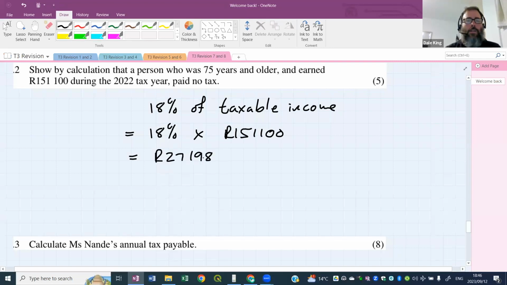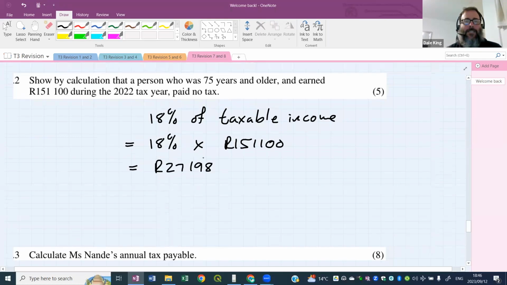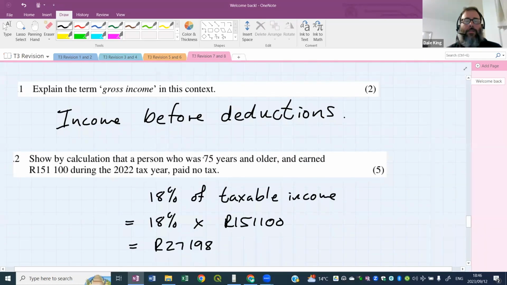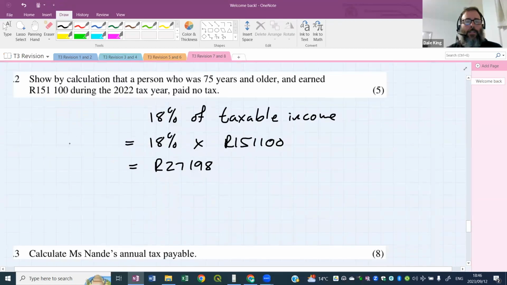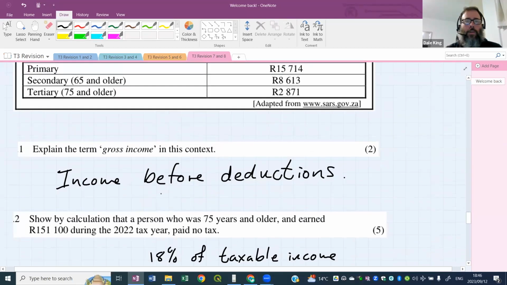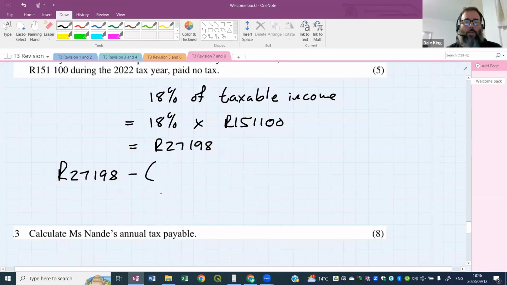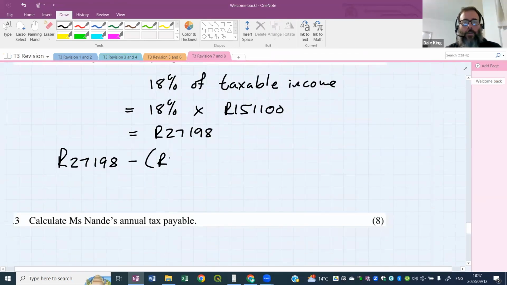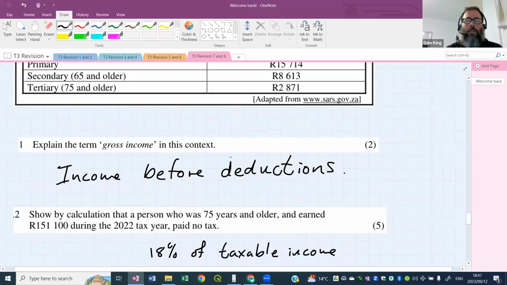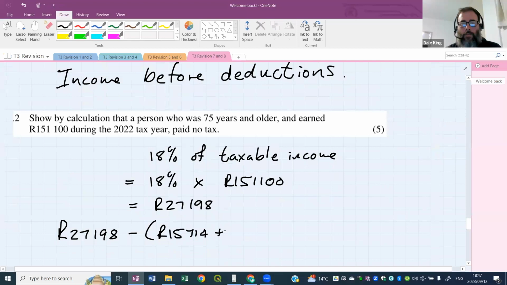All right, what do I do with this? So now you have to minus all the rebates because this person is above 75 years old. So they're going to minus all 3 rebates. Okay, good. So I'm going to put the three rebates in there. 15,714. And the other one, which is 8613.